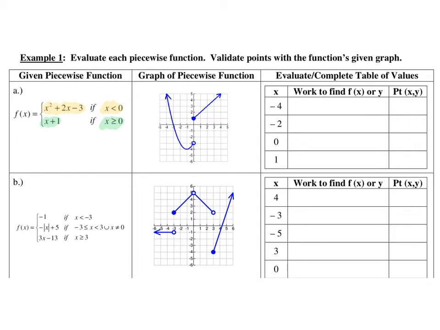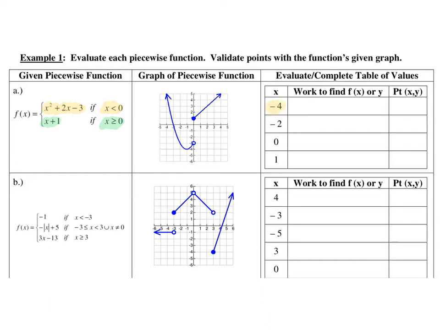So we know that if we are going to evaluate the piecewise function, we are going to be substituting these values into these functions. All right, now let's go look at the values and see which functions they substitute into.